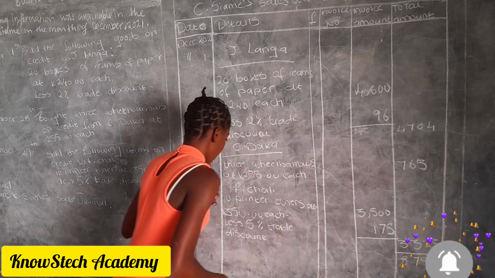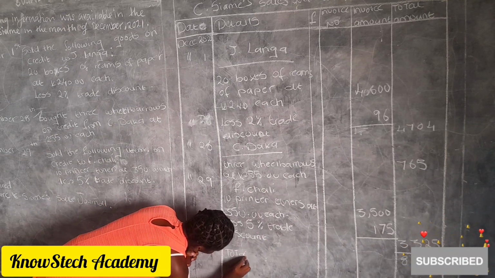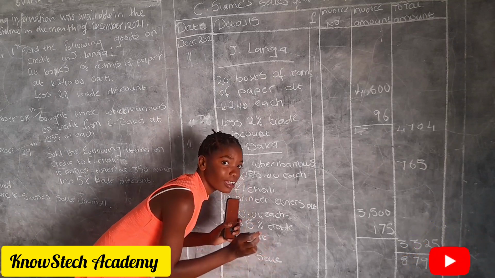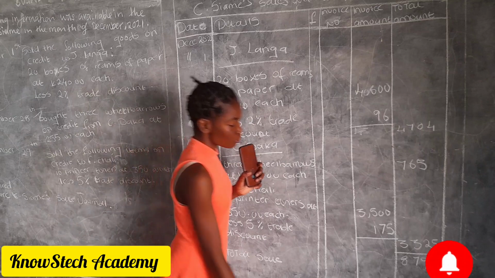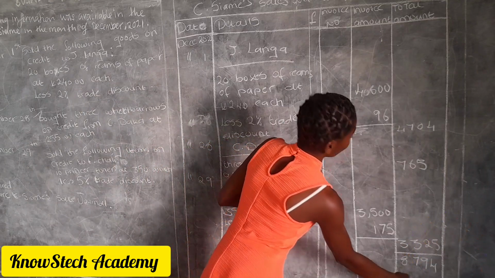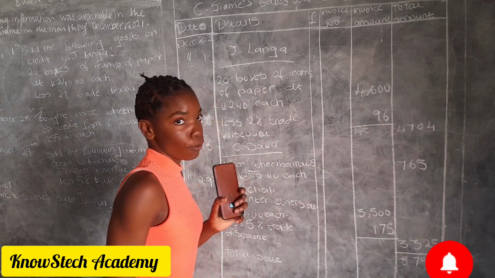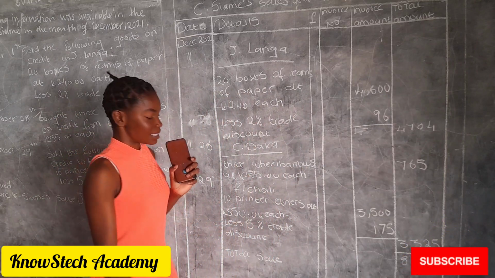So this is our total sales. We're going to transfer our total amount, which is 8,794, to our sales account.